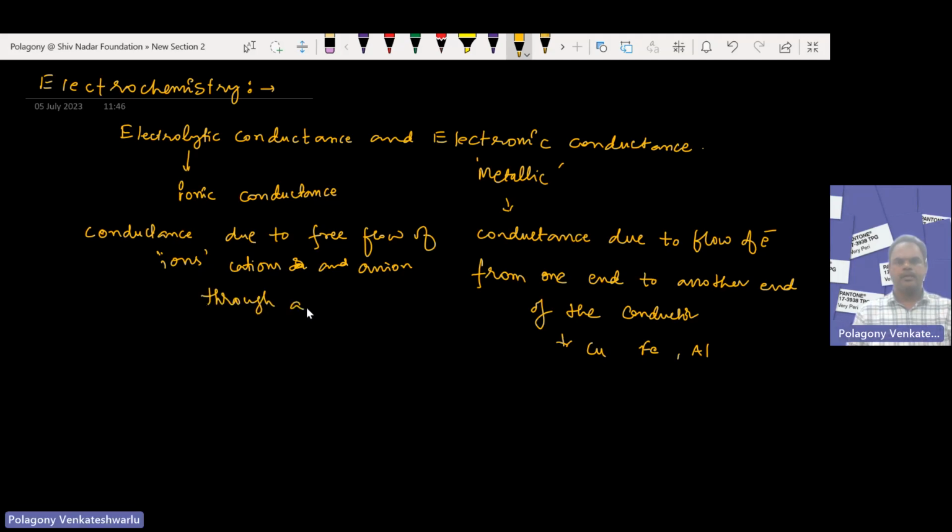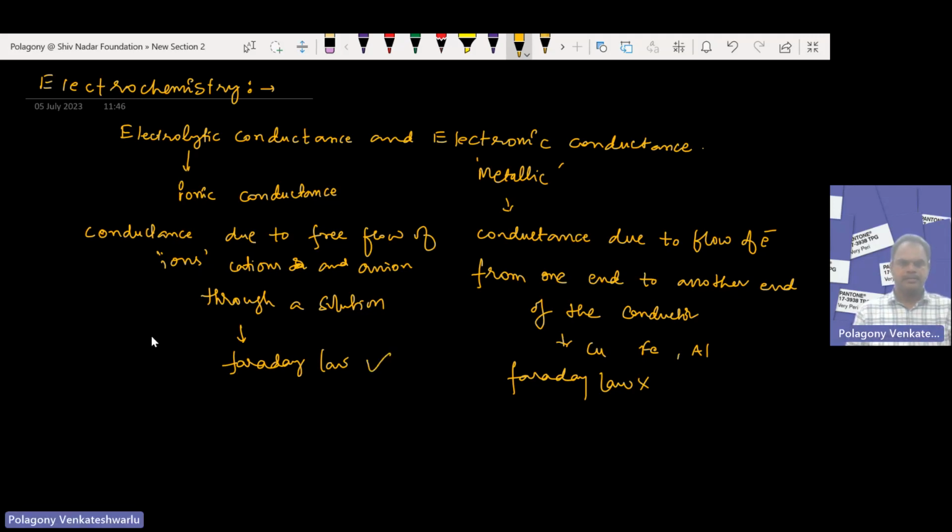It is called ionic conductance or electrolytic conductance. Mostly, electrolytic conductance obeys Faraday's laws, and in the case of electronic conductance, it does not obey Faraday's laws.